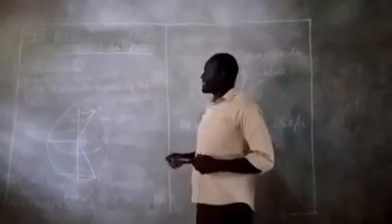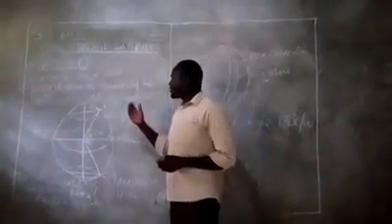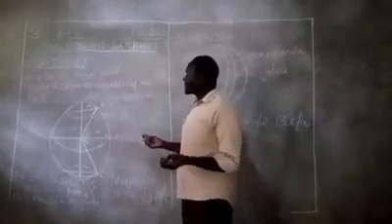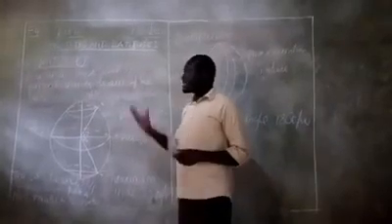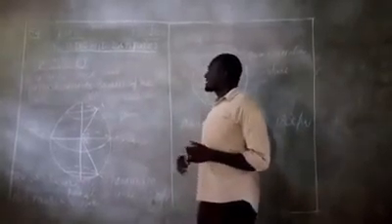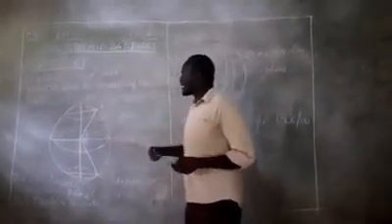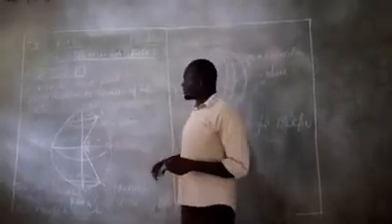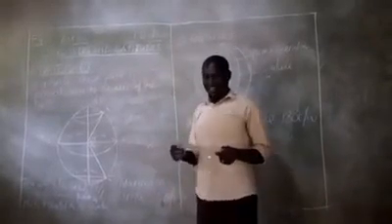We also want learners to know the difference between latitudes and longitudes. By the end of the lesson, they should be able to understand what a latitude is and what a longitude is. I'm going to start with latitudes. A latitude is a circle whose plane is perpendicular to the axis of the Earth.